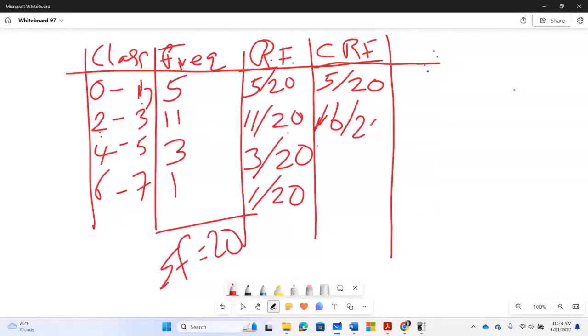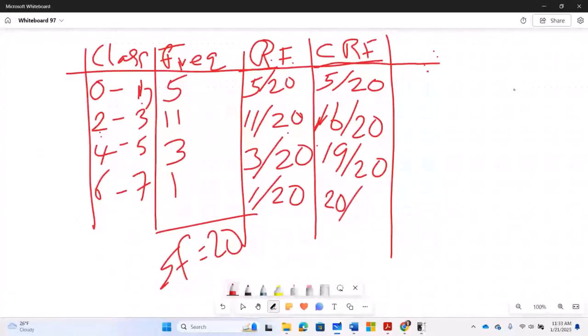Now, the cumulative relative frequency of the third class accumulates all the frequencies from the first class to the third, and so that is 19 out of 20. And the last class is 20 out of 20.